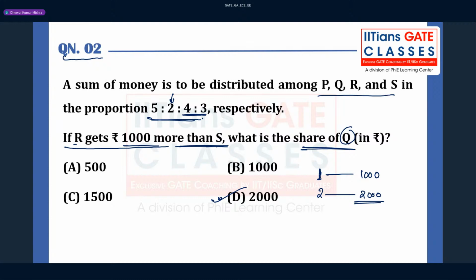Since they have given the ratio 4:3, the difference 4 minus 3 is 1. 1 corresponds to 1,000, then 2 corresponds to 2,000, because at the end of the day we have to find the share of Q. So the answer for this question is 2,000. You see, two questions we have done in hardly 20 to 30 seconds.